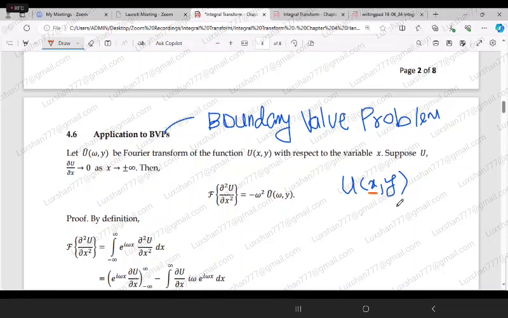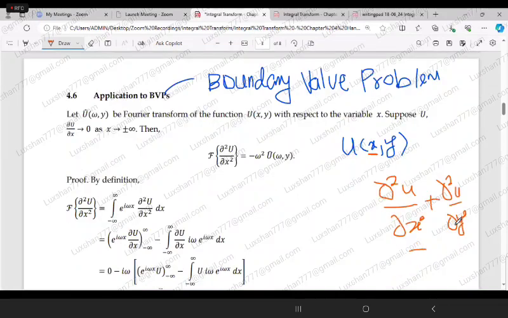So, what do we mean by a partial differential equation? For example, you have an equation like this: the partial derivative squared of u over partial x squared plus the partial derivative squared of u over partial y squared equals 0.